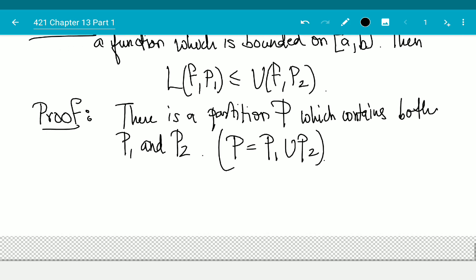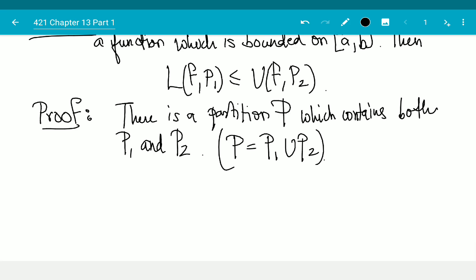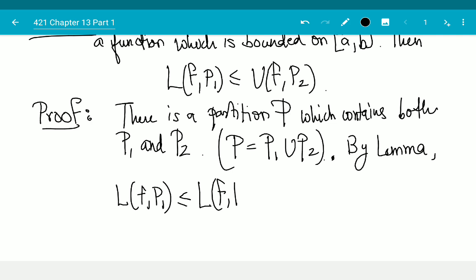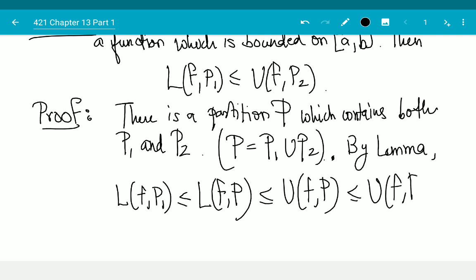Well, we would not call it P because I don't want to confuse the U of union with the U of upper sum, so I'm giving it a name P. Then, by the lemma, I get L(f,P1) is smaller than or equal to L(f,P), which is smaller than or equal to U(f,P), which is smaller than or equal to U(f,P2).